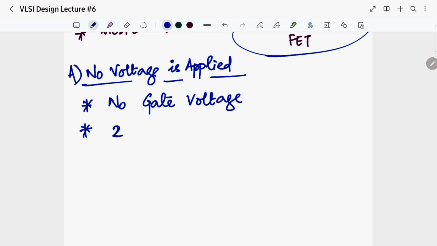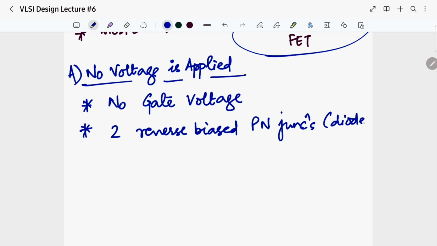Since I'm not giving any kind of voltages, there will be two reverse biased PN junctions, or diodes, existing in series.